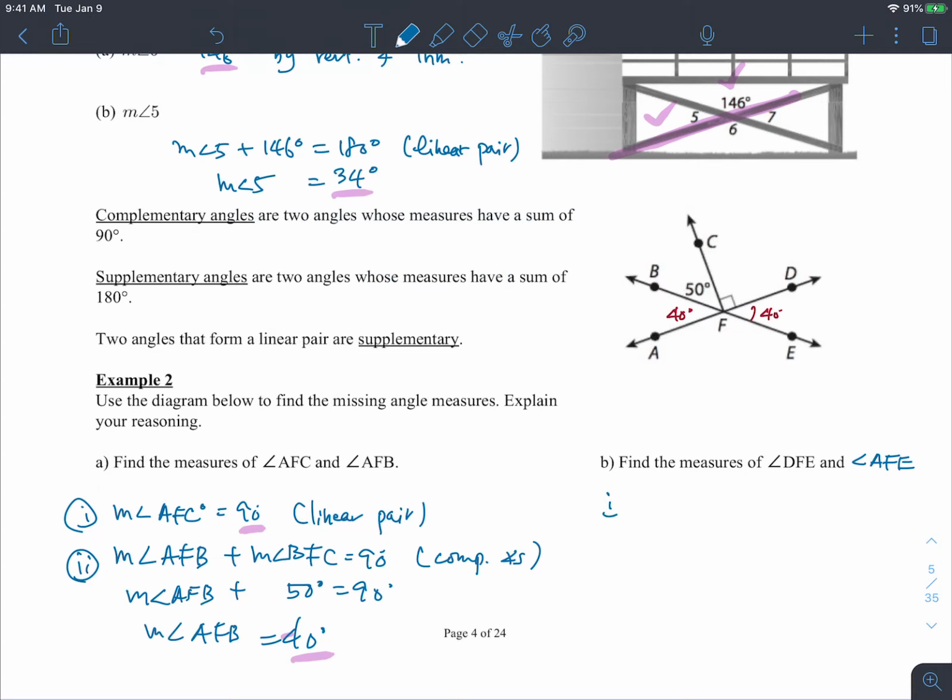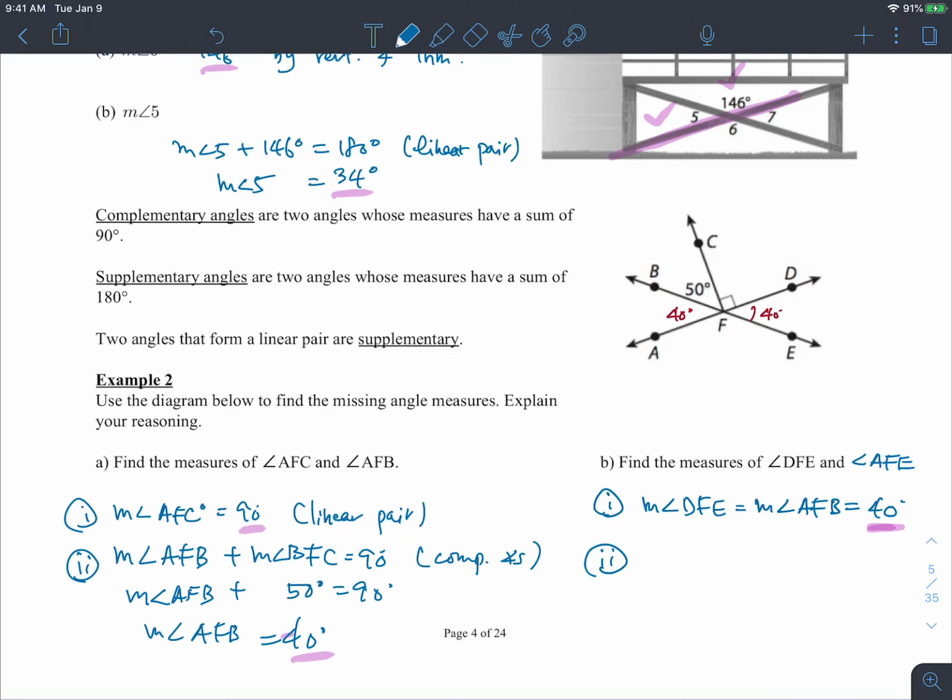So the way you write that is measure of DFE is equal to the angle on the other side, which is angle AFB, which is equal to 40, okay? That's the progression of the argument that I like to see. And when you write it this way, it helps you build your ability to make good proofs, so you can do good proof questions later on, because you can explain what you're doing, right?